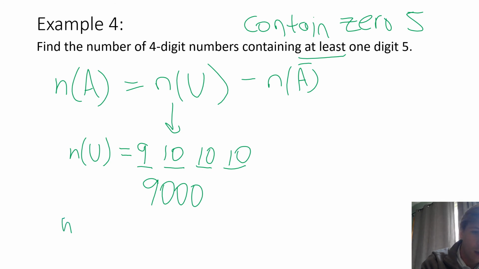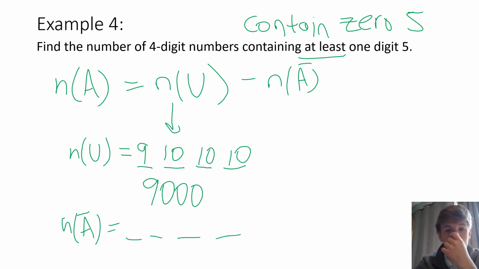So the number containing 0 5s, it's still 4-digit numbers. The first slot was originally 9, because it couldn't be 0. Now it also can't be 5, so we need 8 there. For all the other digits, every number is fine except 5, so instead of 10 for each of those slots, we now have 9.